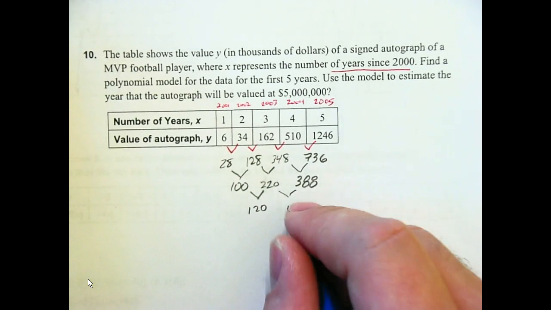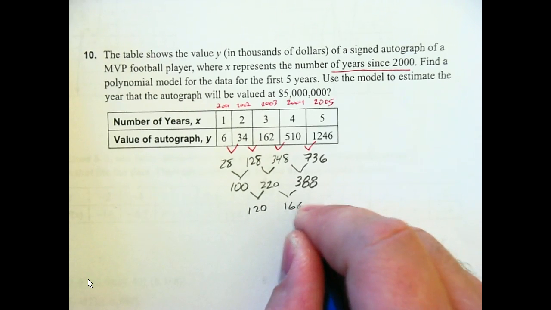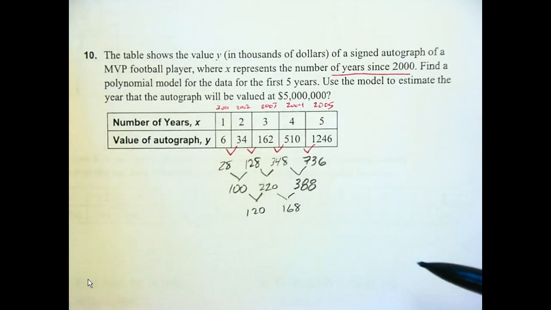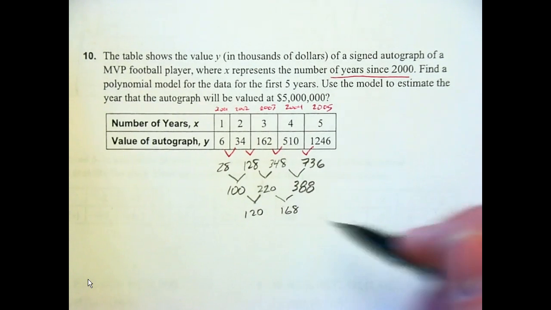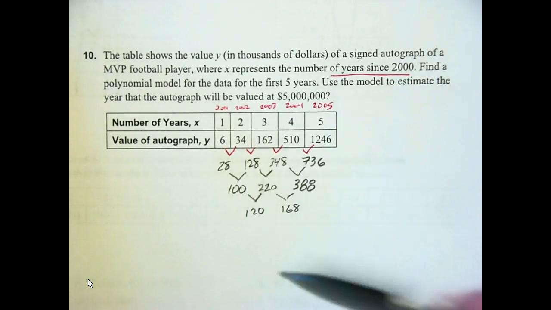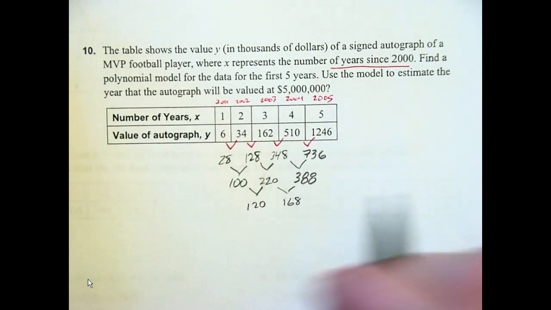And looks like 168. Okay, still not a common difference. Getting closer though, right? And I mean, we'd obviously get a common difference if we do it again because there's only one. So it's most likely going to be a cubic function here.